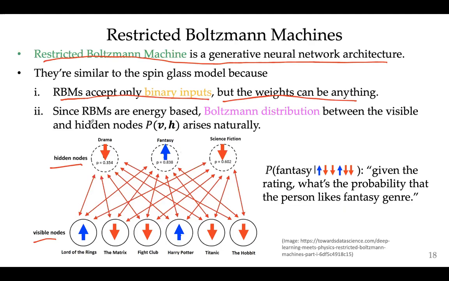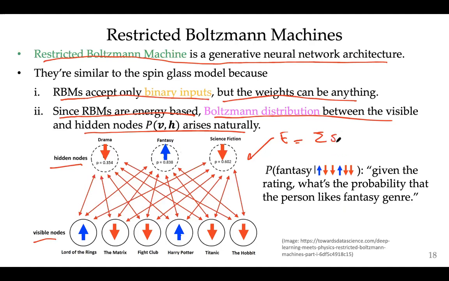The second analogy between the RBMs and the spin systems is that RBMs are energy-based. Because they're energy-based formulations, the Boltzmann distribution between the visible and the hidden nodes arises naturally. If you write the energy for this architecture, it is some function of the nodes.